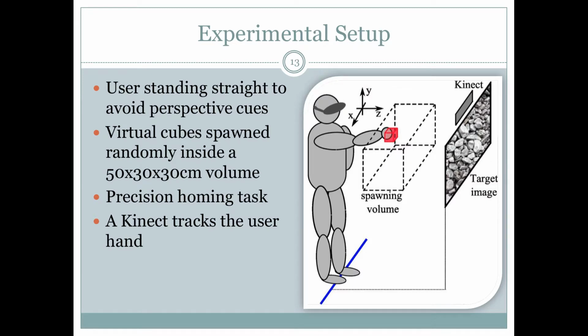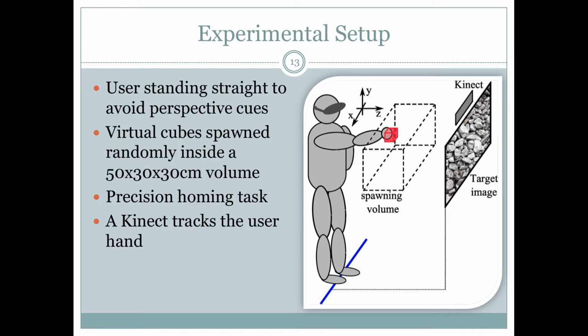The experiment was devised in this way. The user was standing still with no linear help, so they could not see any linear perspective to understand the depth. There was a Kinect recording the movements of their hands, and some cubes, some target objects, were appearing in a random volume in fixed positions at fixed intervals.